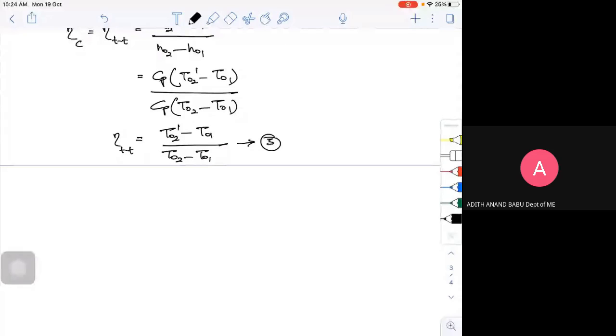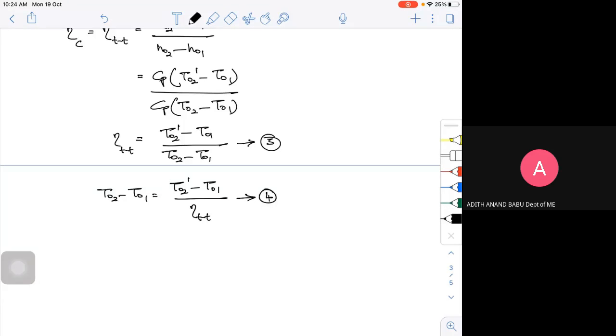This 3 I'm going to write in terms of temperature difference. So I will write T naught 2 minus T naught 1 is equal to T naught 2 dash minus T naught 1 divided by the total to total efficiency. That's all, simply a cross multiplication I did.